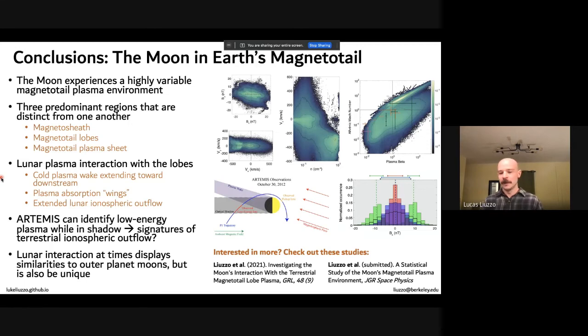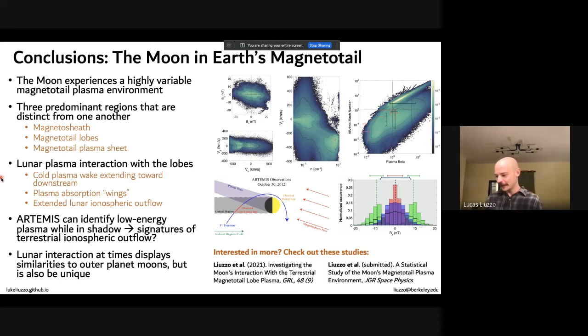And we also have some plasma absorption wings that we see at some outer planet moons as well, that form on either side of the moon. The other interesting thing that I've shown is that we can use Artemis in kind of this novel arrangement when it's not in the sun, when it's exposed to the moon's shadow, to detect a really low energy ion or plasma population that otherwise is not visible to the spacecraft.